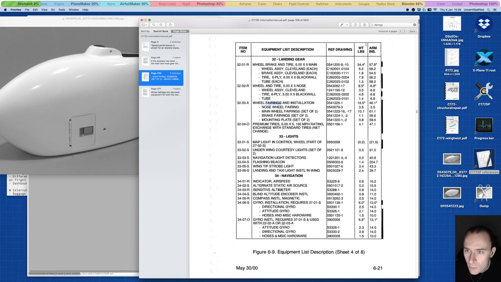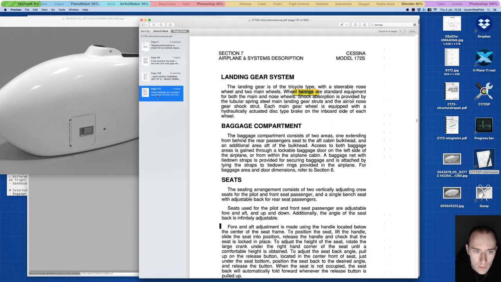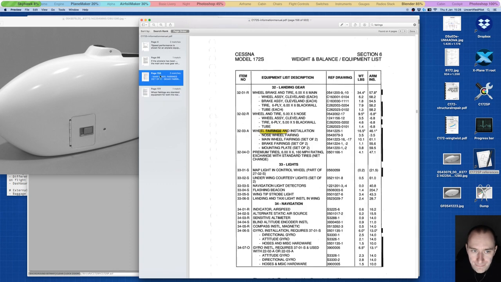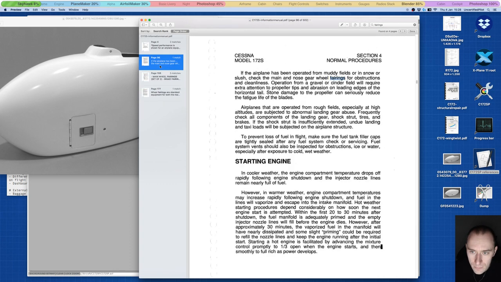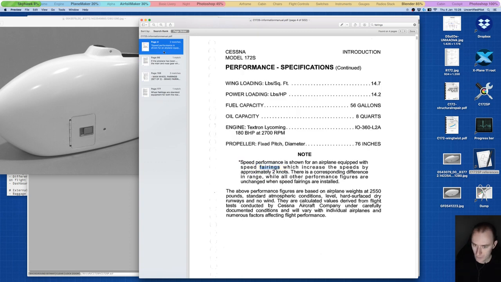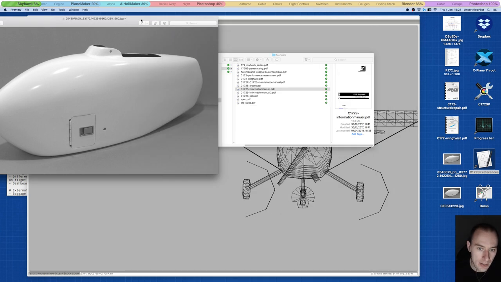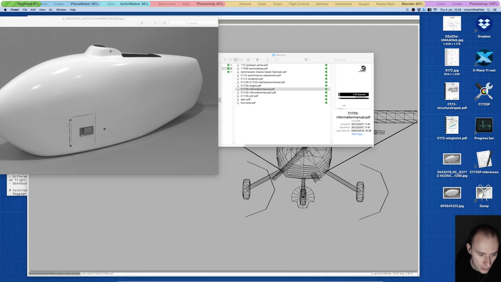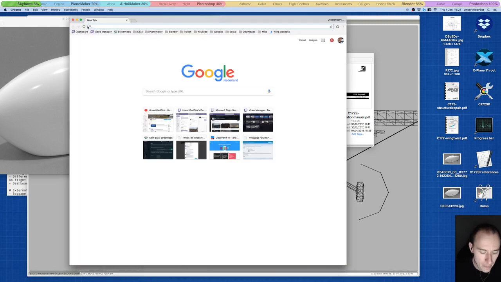Nose wheel. What is this? Weight in pounds, arm in inches. Oh yeah, no. This is just where it is placed. Unfortunately. Too much of a quick look. Anyways.